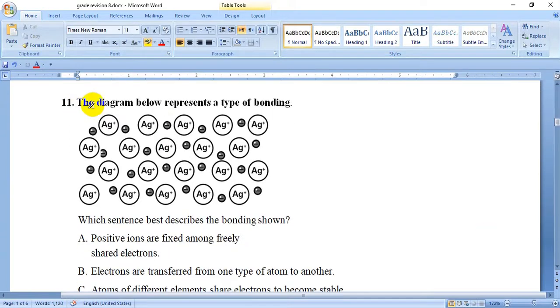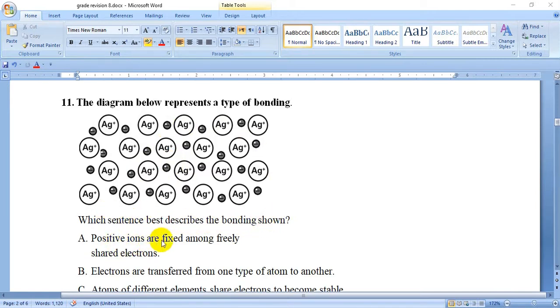Here, the diagram below represents a type of bonding. Ag for silver, Ag plus, this is the silver ion. And as we know, silver is a metal. So here the positive ions, and here the free electrons move between the ions. So the question, which sentence best describes the bonding shown here?